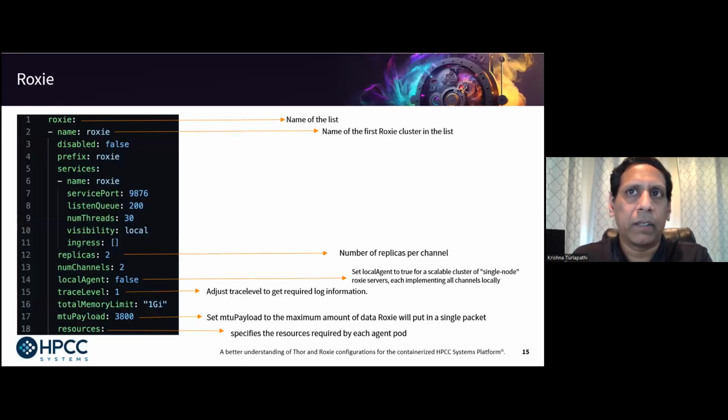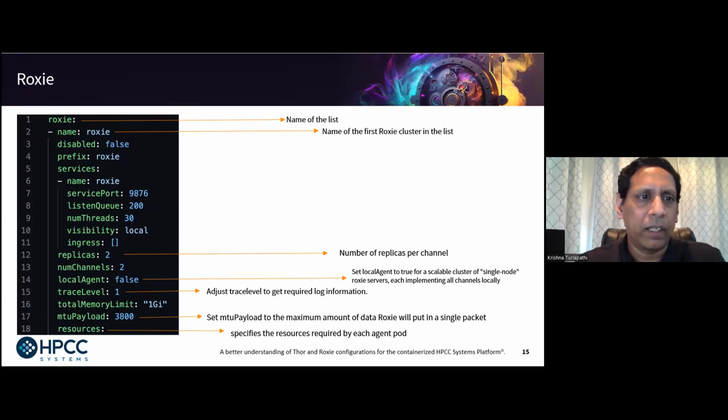Like Godji mentioned for Thor, you have similar sections for Roxie, where you have the name of the list, then the name of the first Roxie cluster in the list, which is Roxie in this instance, then whether the Roxie is enabled or disabled, which is a Boolean value, and then the prefix.